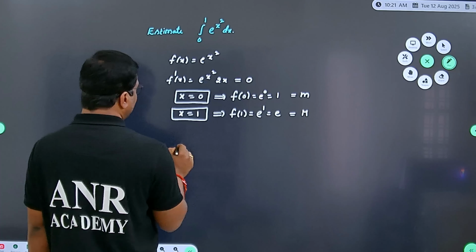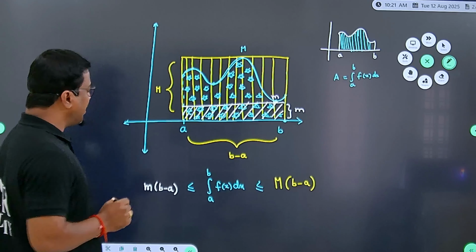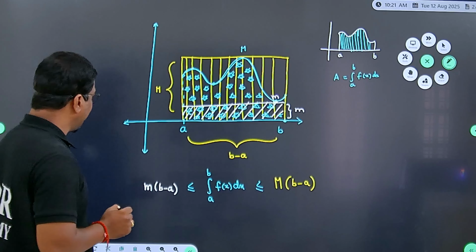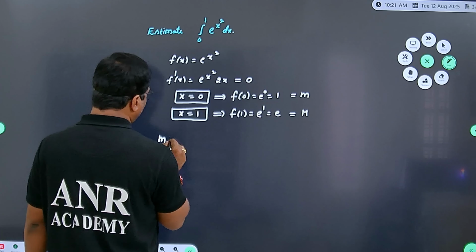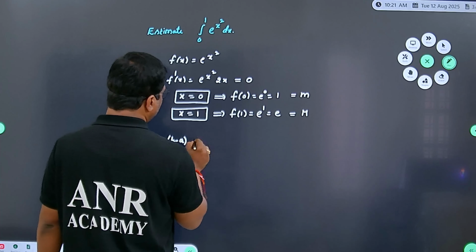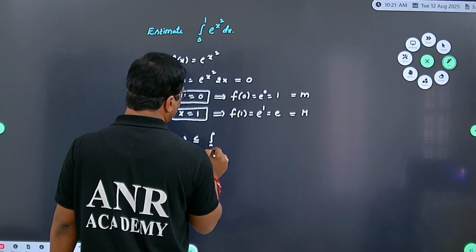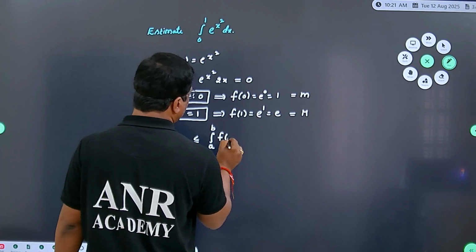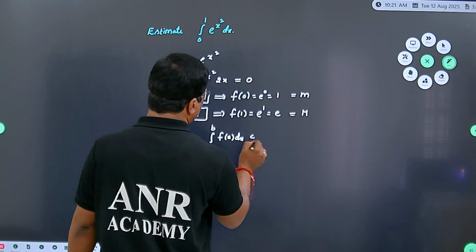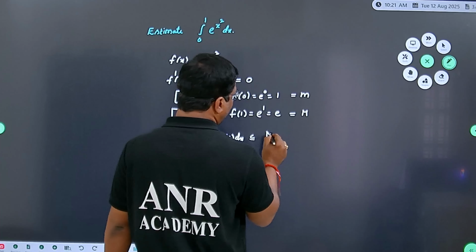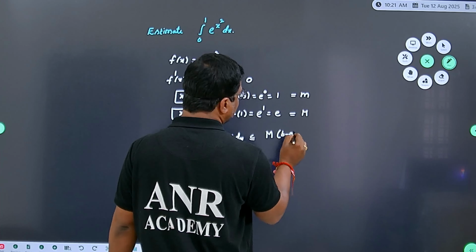Now by this inequality I am going to write small m of b minus a, which is less than or equal to integral a to b f of x dx less than or equal to capital M of b minus a.